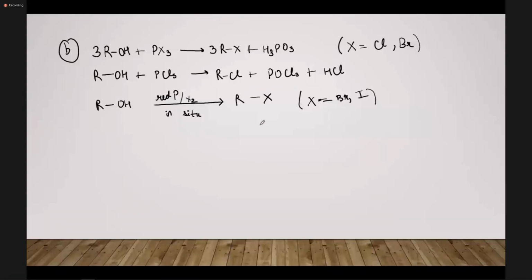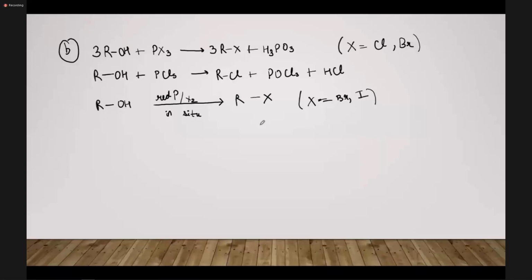the phosphorus halides, like phosphorus bromides and phosphorus iodides, are not very stable compounds. So what we do here is prepare the phosphorus halides, these bromides and iodides, during the reaction itself.